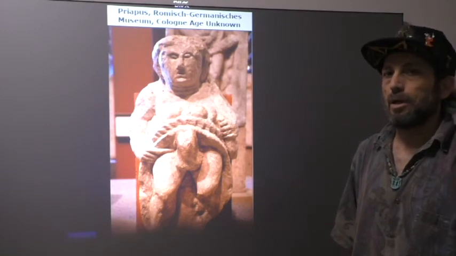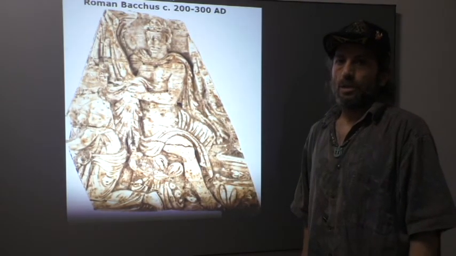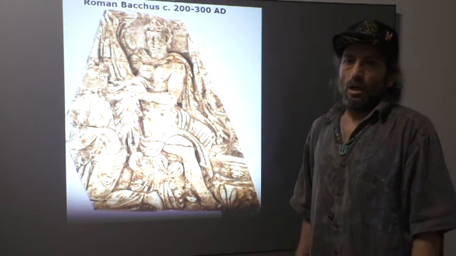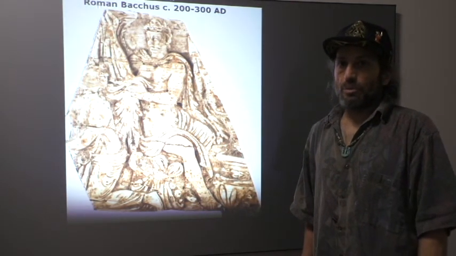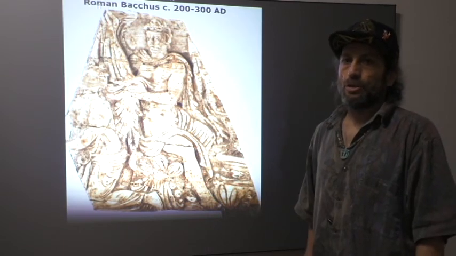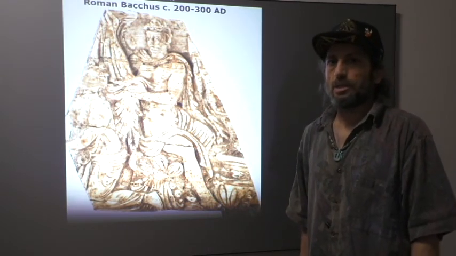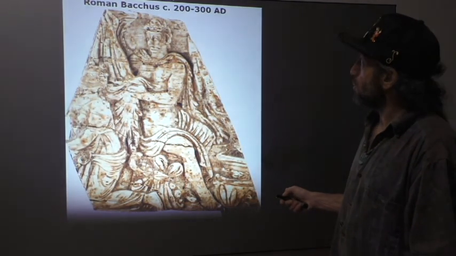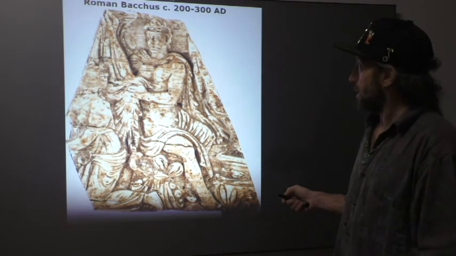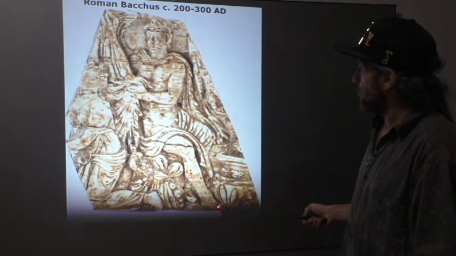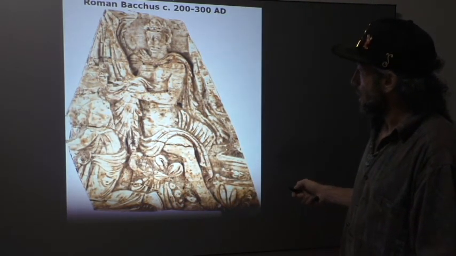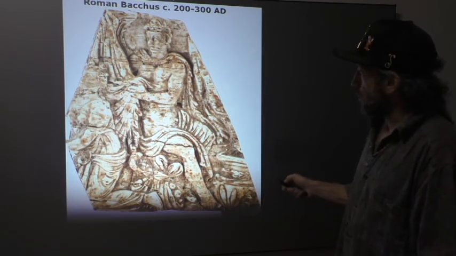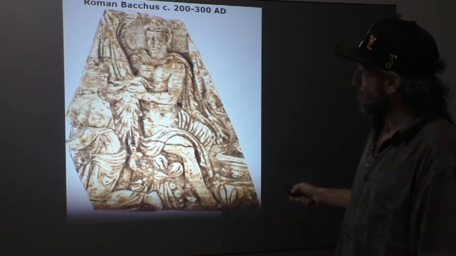So here's some more evidence that Bacchus and Dionysus and all of these phallic deities were really mushroom deities. There aren't too many images or depictions of Bacchus or Dionysus in the ancient world, but this one right here is Roman Bacchus from 200 to 300 AD, and you can see the single foot right here, and that's all there really is, and that's the mushroom stem, of course, and this draping of the skirt right here forms the mushroom cap.